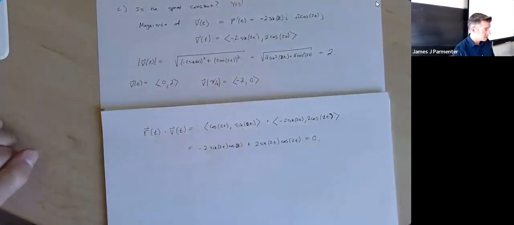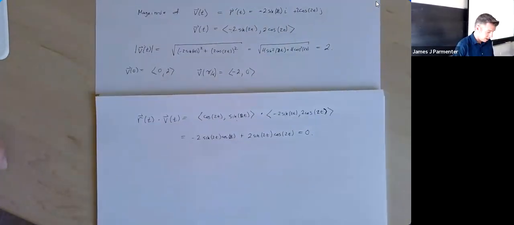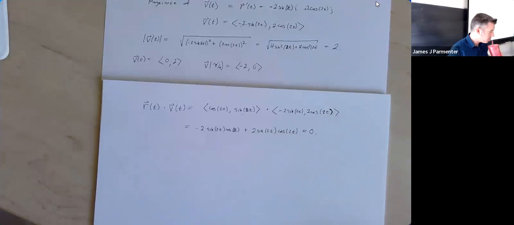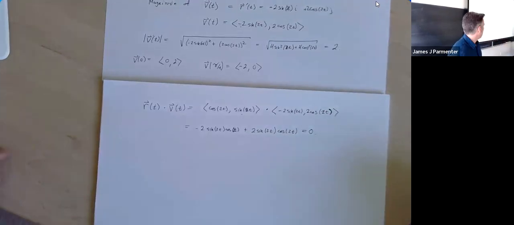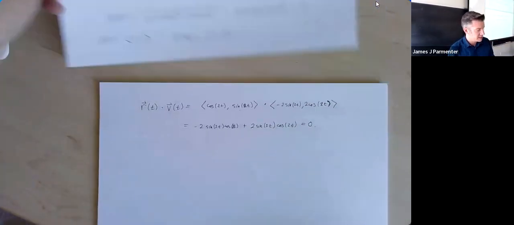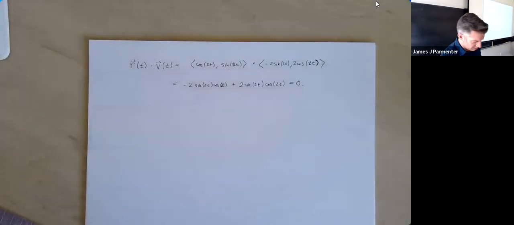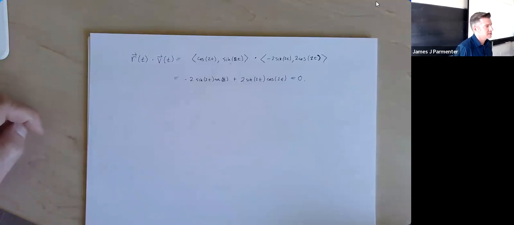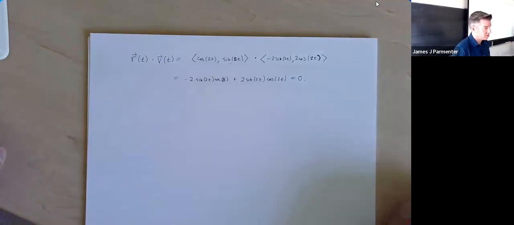Not always the case, but it certainly is in this case that the dot product of the position and the velocity vector is 0. Again, the physics is not great with me here. It might be true that the position and the velocity vector are always perpendicular to each other, but I feel like it's probably not always true.